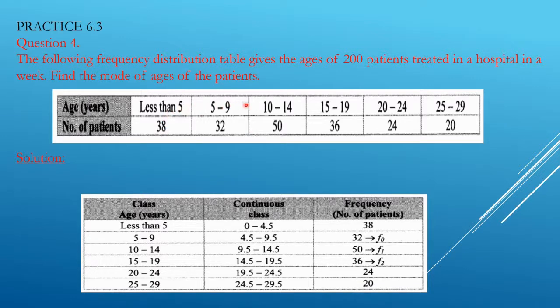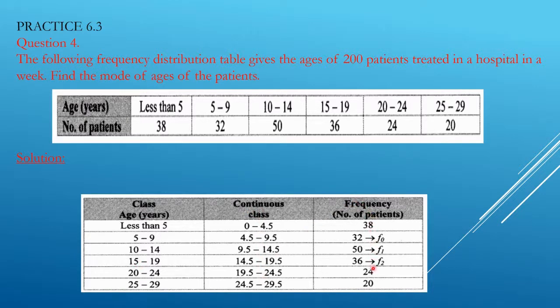Therefore, you have to change them into continuous classes. And solution, we have to make the table. We need 3 columns in this table. The first column is the class, what is given in the question. The second one is the continuous class, and the third one is the frequency.